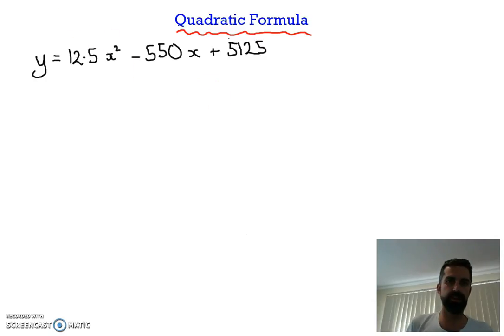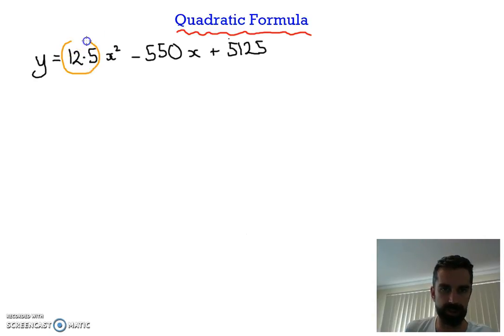Now, I don't know about you, but I don't really want to sit down and try and factorize that or try and complete the square on that. So pretty much our only solution if we wanted to solve that would be to use the quadratic formula.